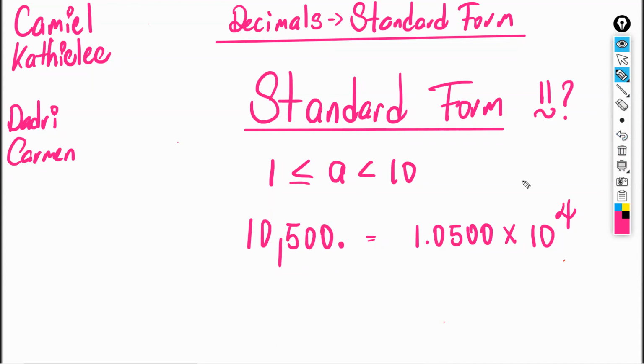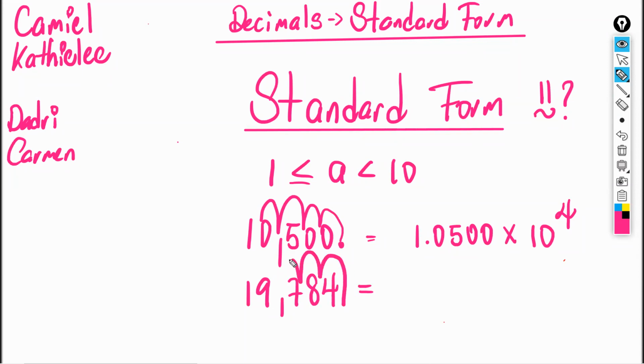Let me do another question for you guys. Suppose you have 19,784 and you want to write this in standard form. Same situation, we're going to move the decimal 1, 2, 3, 4 places, and we're going to get 1.9784 times 10 to the 4.